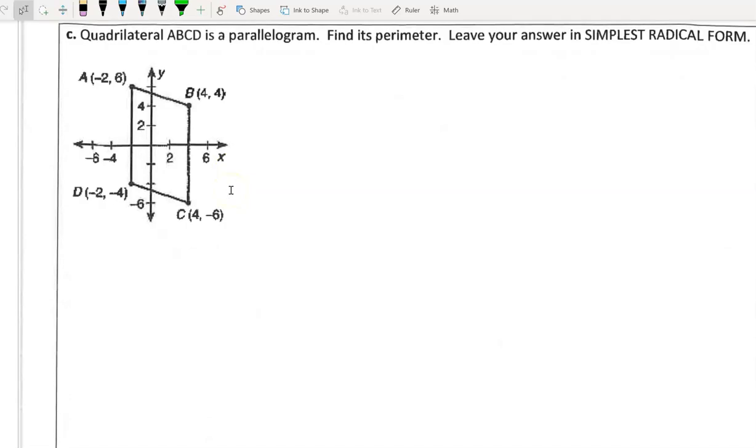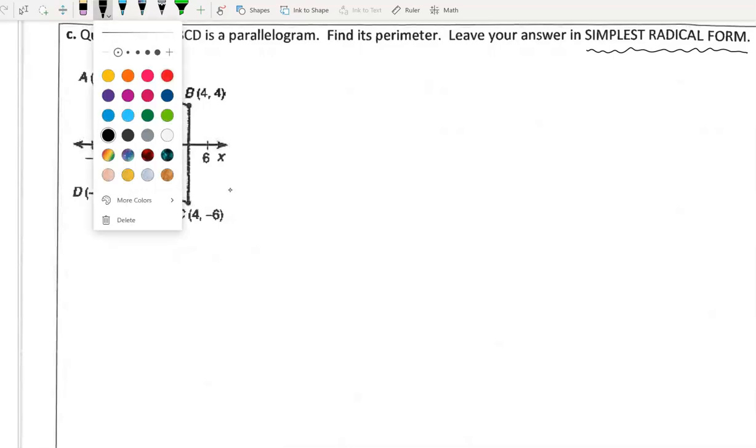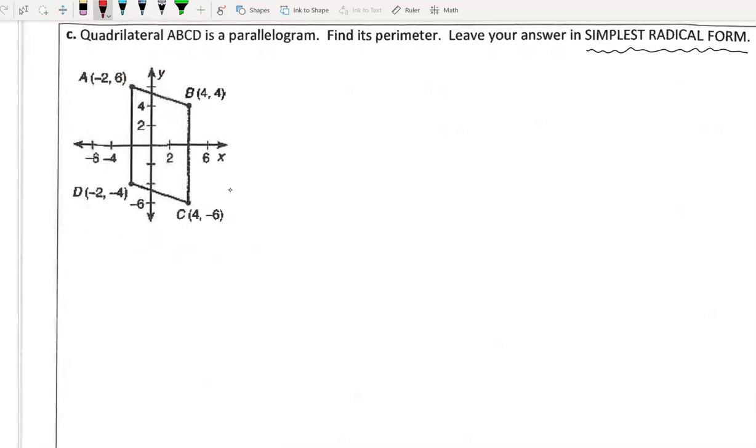And then for part C, it says quadrilateral ABCD is a parallelogram. Find its perimeter. Leave your answer in simplified radical form. Okay, so we have 4 different segments here, and if you remember, with a parallelogram, both pairs of opposite sides are going to be congruent. So these 2 sides are congruent, and these 2 sides are congruent.